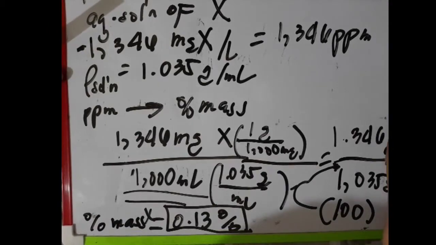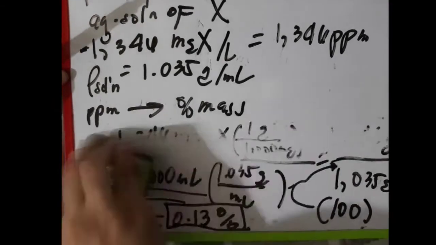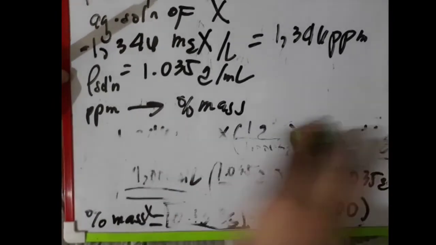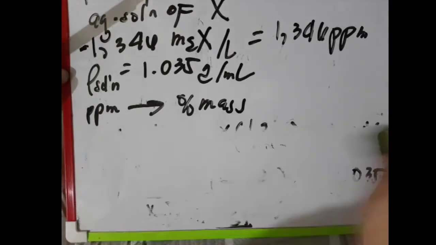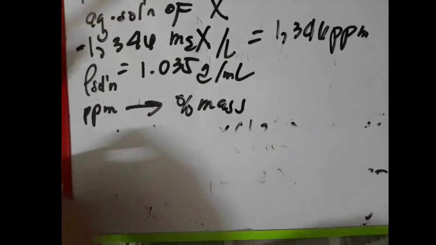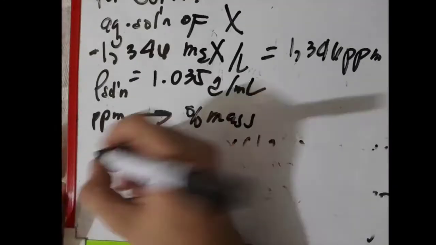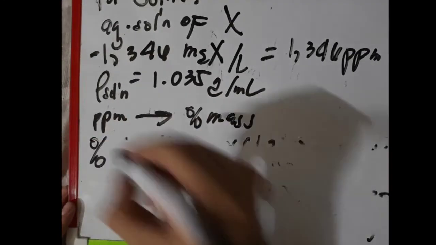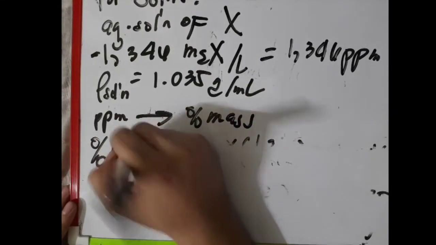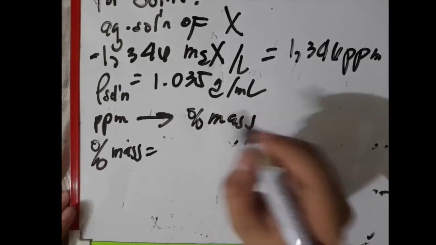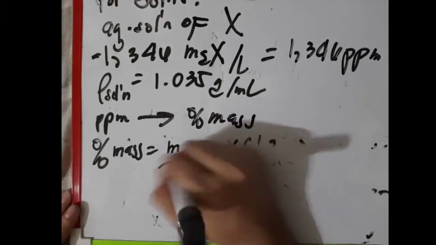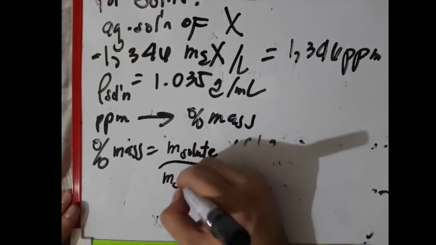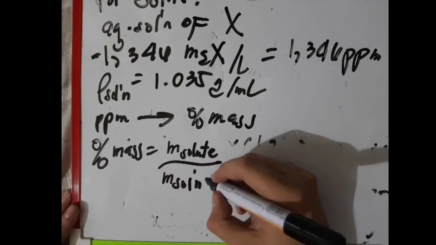So let's try to create a formula for this one, based on our examples. So we stipulate that percent mass is equal to the mass of solute in grams divided by the mass of solution in grams.